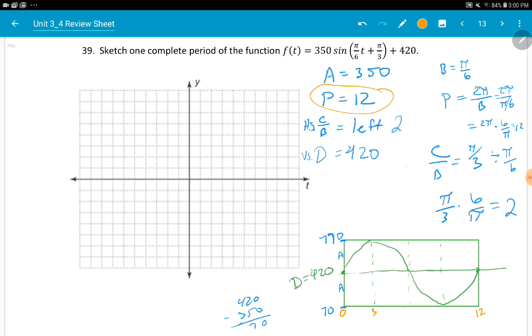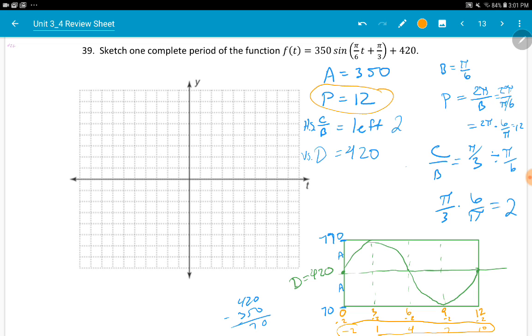And so that would be 3, 6, 9, and 12. But I do have a shift. So I have a shift left 2, so I'm going to subtract 2 from all of those, which gives me a negative 2, 1, 4, 7, and a 10 on my x-axis for those four critical points.